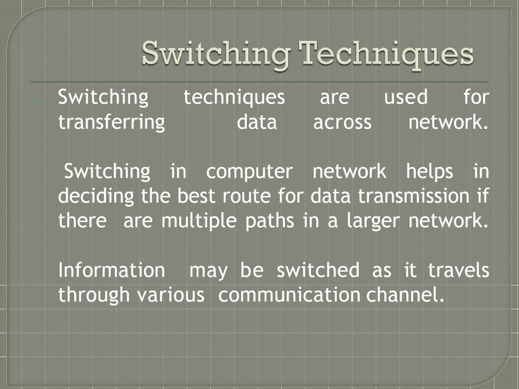When the computers are connected through a network to transfer data, there will be many paths available. Switching in a computer network helps to decide which route is best for data transmission when there are multiple paths available in a larger network.